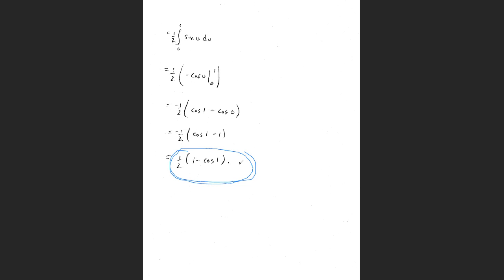So being able to compute double integrals, and you'll learn soon about triple integrals, is important when we get into chapter 13, because there are a lot of important applications, for instance in physics, that relate to double and triple integrals.